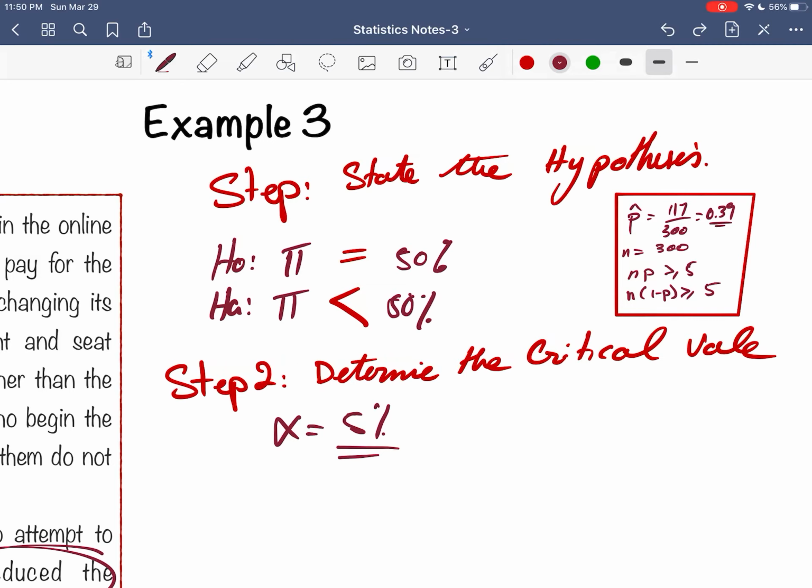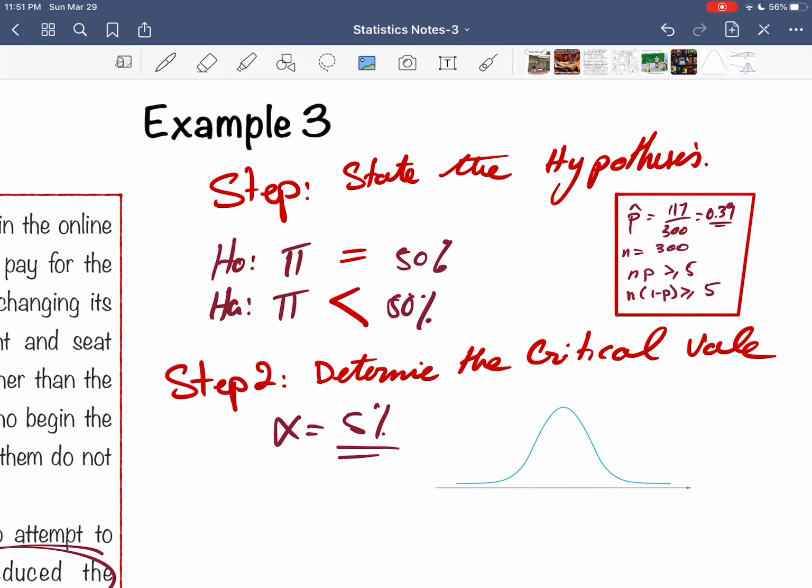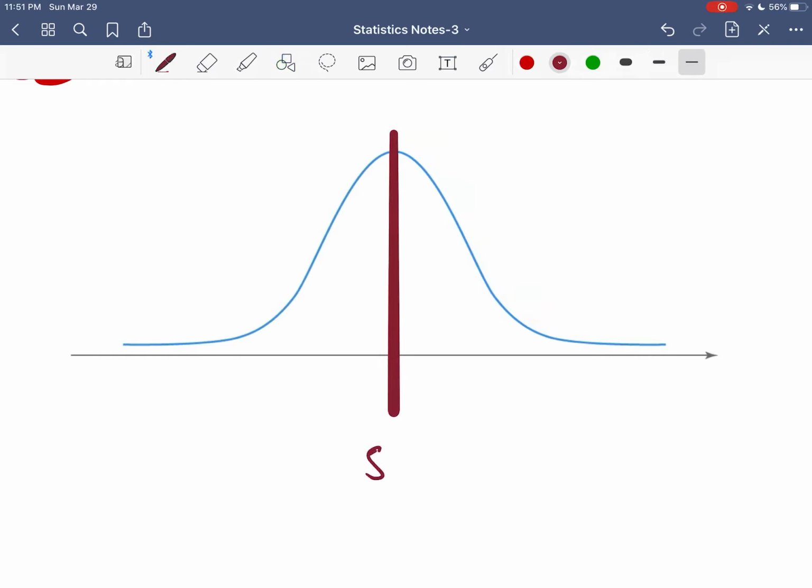So if we want to do that, this is your cutoff mark.